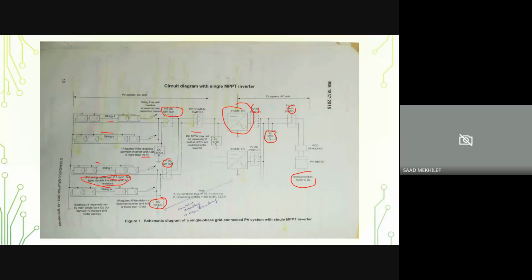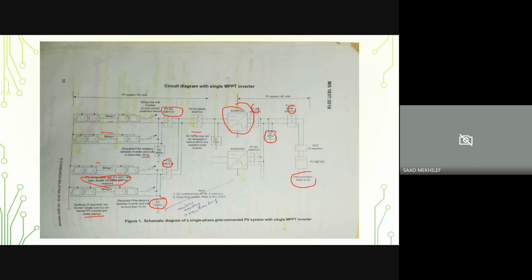The earthing I mentioned just now must be grounded, minimum 10 mm, single core, for framed PV panels with metal casing.